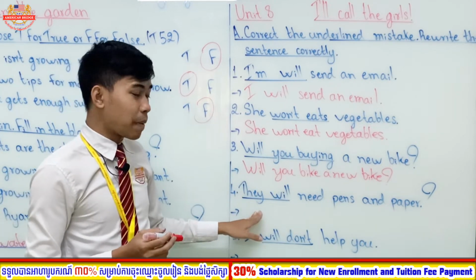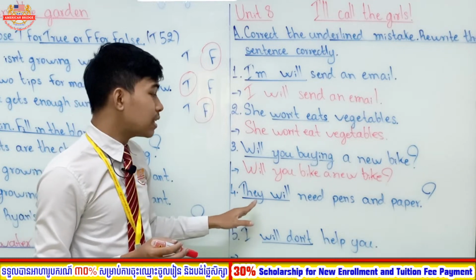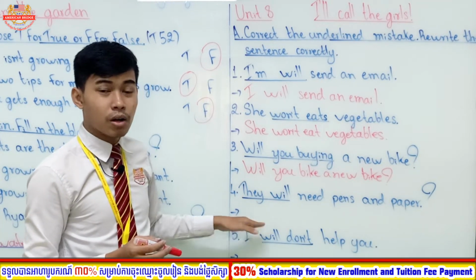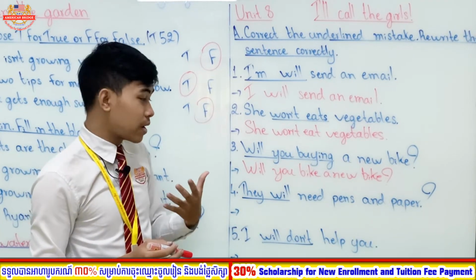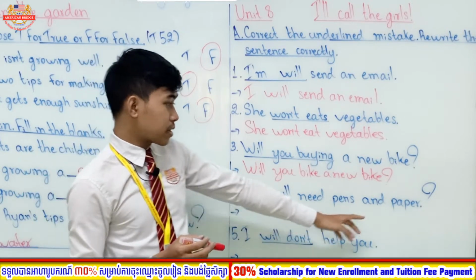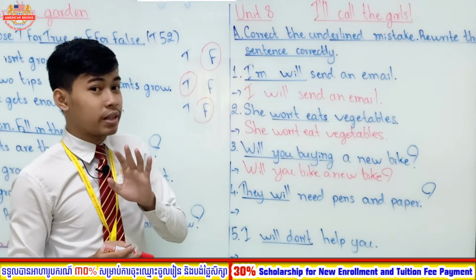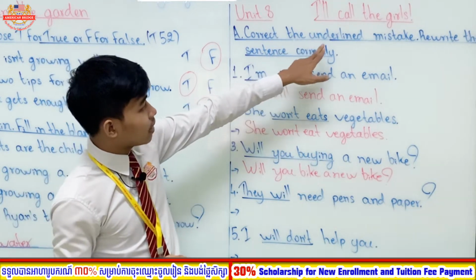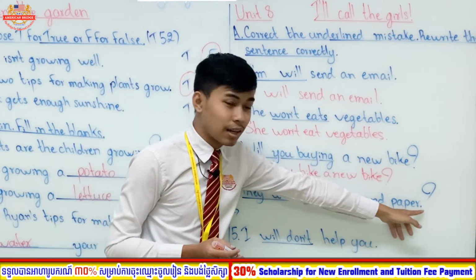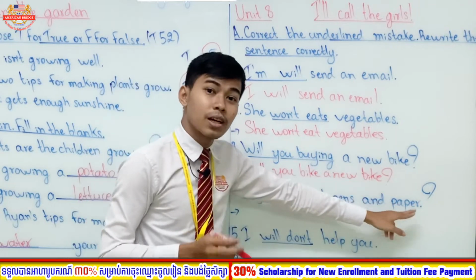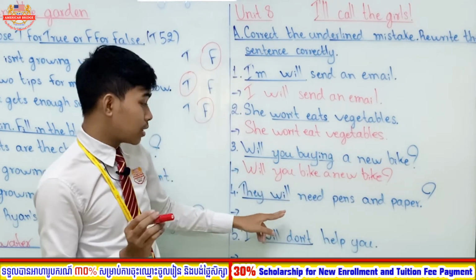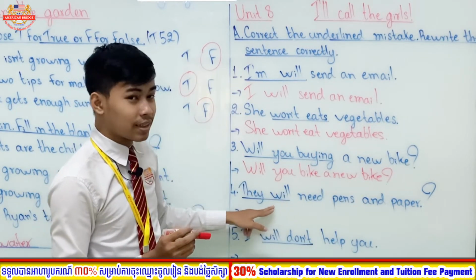So: Will they need pens and paper? Or, there are two ways. Sometimes you can erase the question mark and put a full stop. But look at the instruction: correct the underlined mistake. So you are not allowed to correct here, you are allowed to correct the words that are underlined.